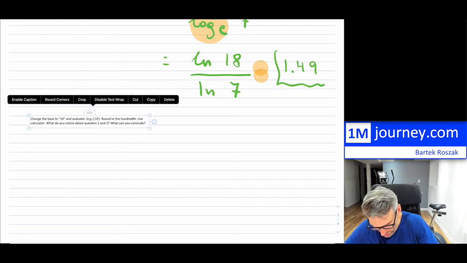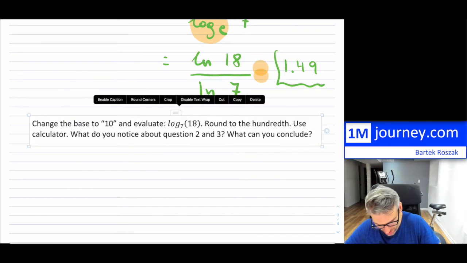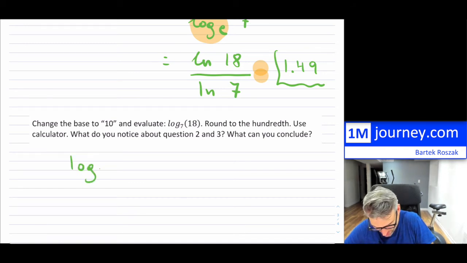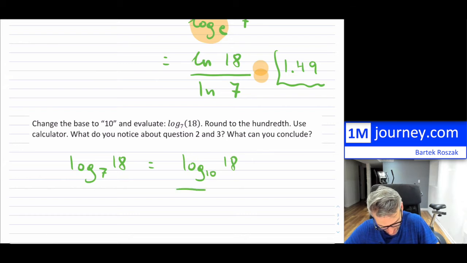So, and those are the two. So ln and log on your calculators are the ones that we typically use. Now they're using the same thing. So log base 7 of 18 equals log base 10 of 18 divided by log base 10 of 7.